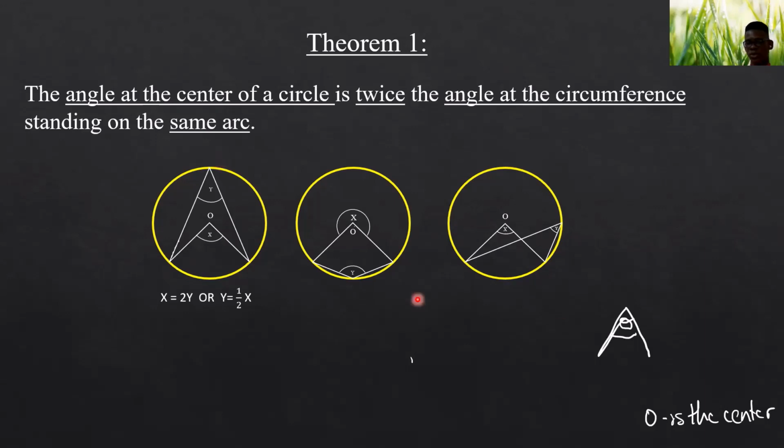We don't want to confuse you, however, you've got to be able to make that connection. Doesn't matter which angle I have, I should be able to get the other one by either multiplying it by 2 or dividing it by 2. You've got to know which one to do. Just remember which one is twice of which. One easy way to remember it is that the angle at the center is always larger.